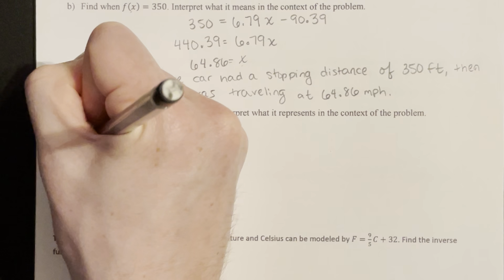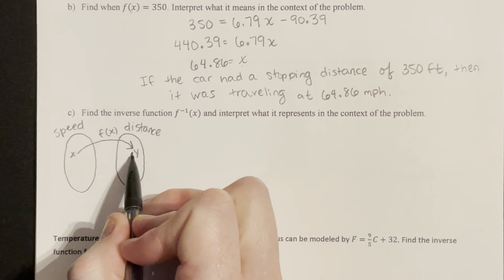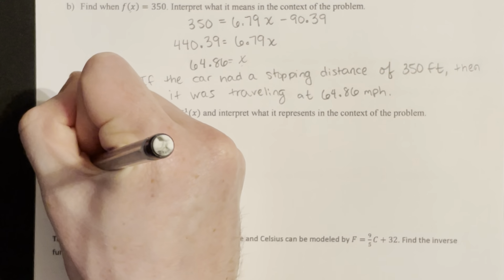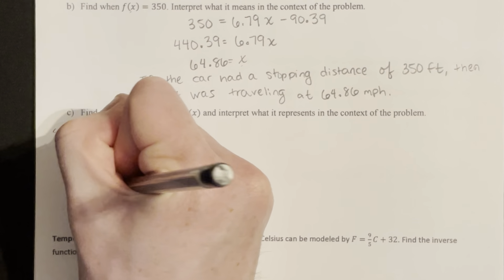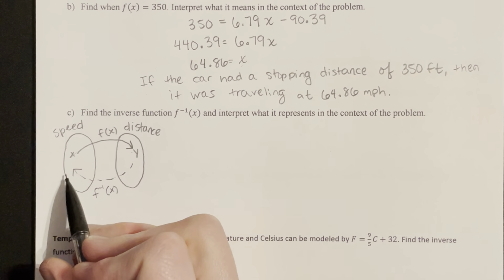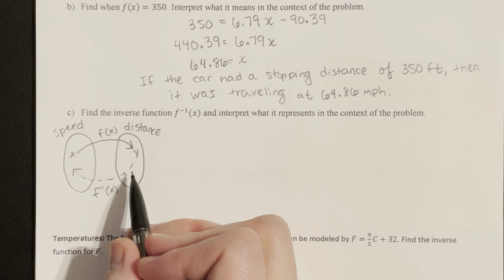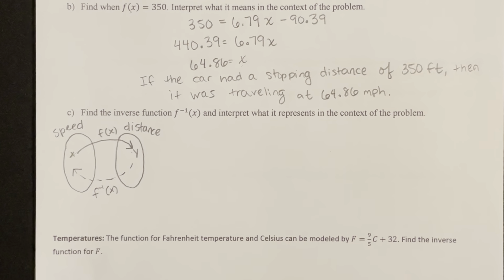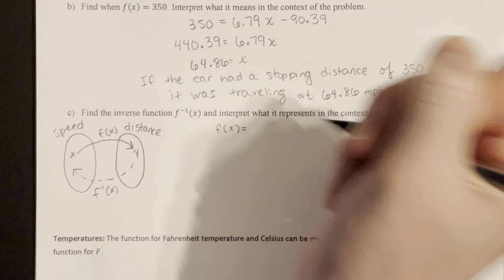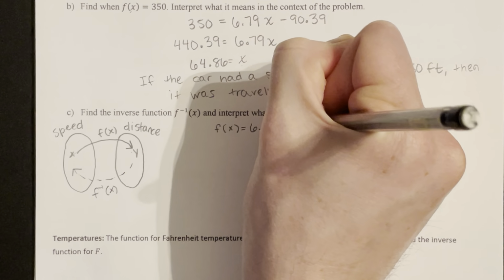So we use that function f of x that took speed to distance, and now we want to find the inverse, which is taking our distance into our speed. So we're going to have an input now of distance, and that's what we saw when we were swapping our x's and y's earlier. So I'm going to go back and solve it the same way, but we're going to use some caution in trying to understand what this means.